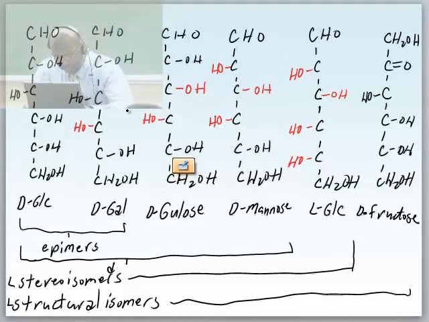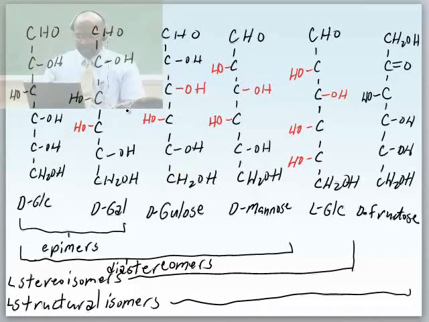These are called diastereomers. Yes, the first 4 are called diastereomers because they differ in the configuration of their chiral centers, but they're not mirror images.